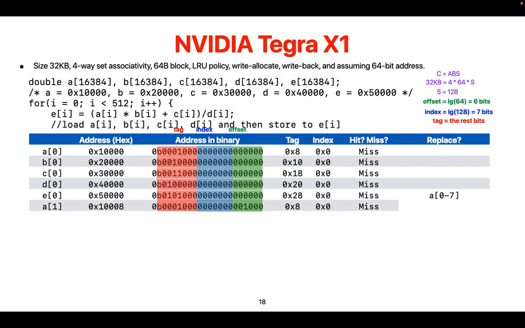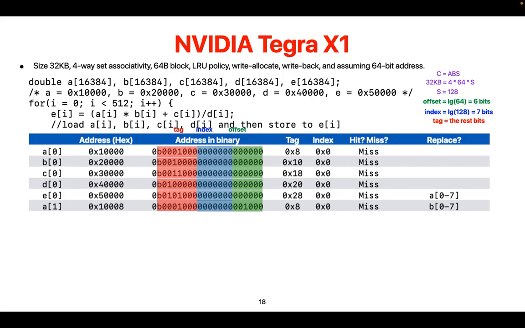It's a miss because when we get the E0 in, A0 until A7 are all kicked out. So the first row is not in the cache anymore. So this is going to be a miss. And we have to find another victim block to replace this one.